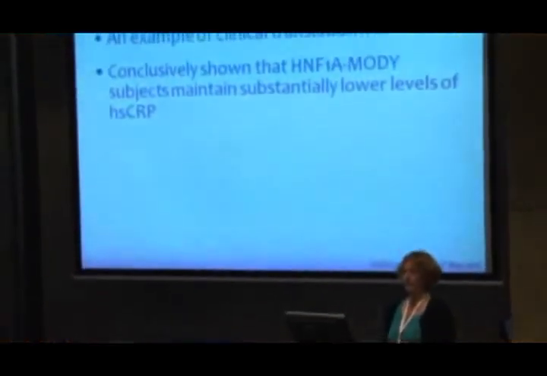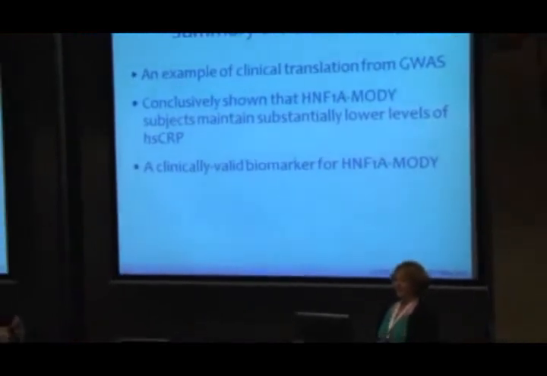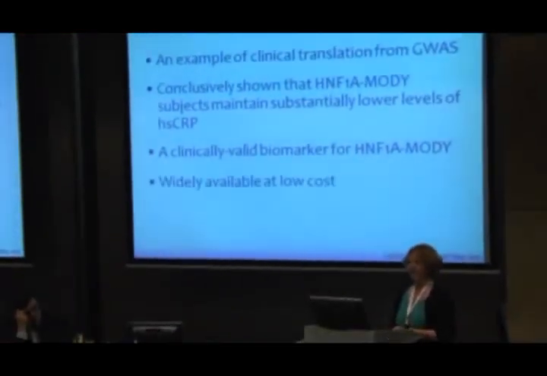So to summarise that part of the talk, this is an example of clinical translation from GWAS. So we've been very criticised for not having immediate clinical translation, but this is a good example. And we've conclusively shown in the replication study that HNF1 alpha MODY subjects have got lower CRP than other forms of diabetes, and we believe we've shown it's a clinically valid biomarker for HNF1 alpha.